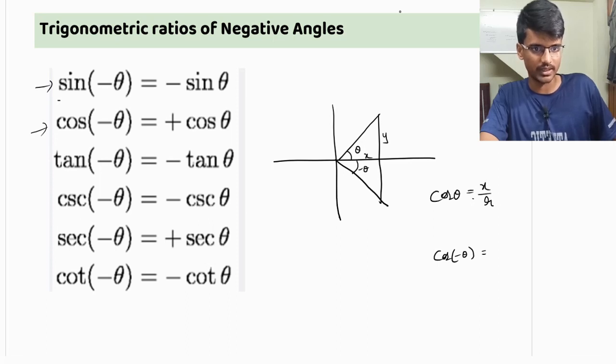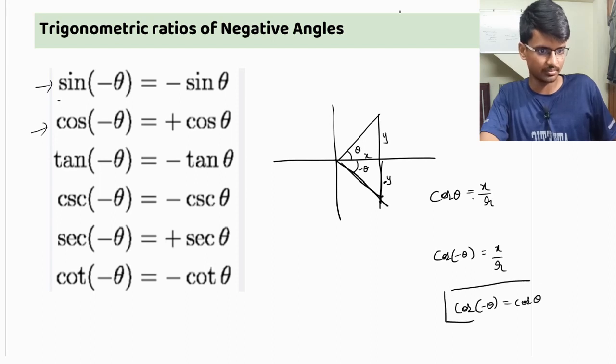Similarly, cos of minus theta, if I consider this triangle, again it will be x by r. So you can see here cos of minus theta is equal to cos theta. There is no change, both are the same.